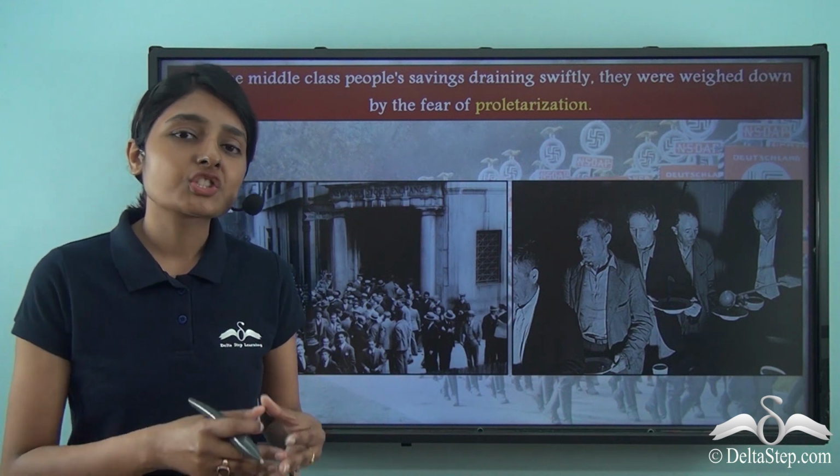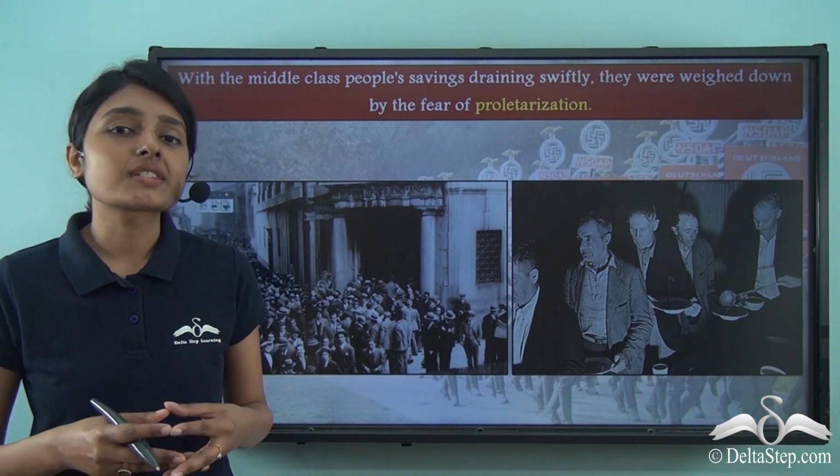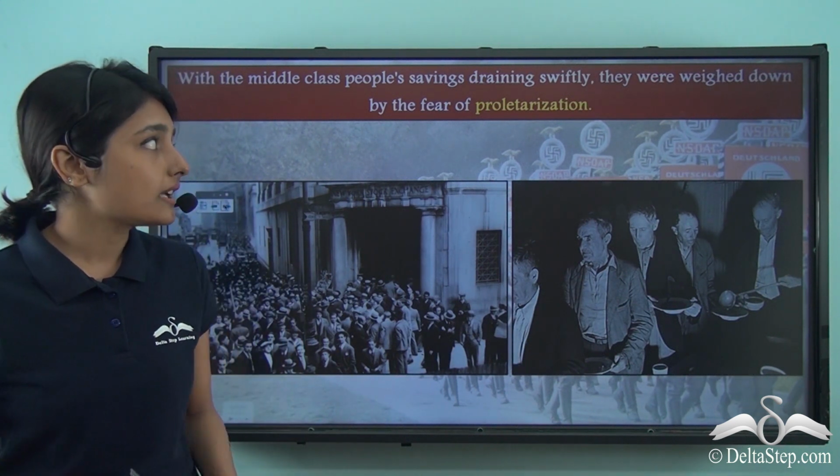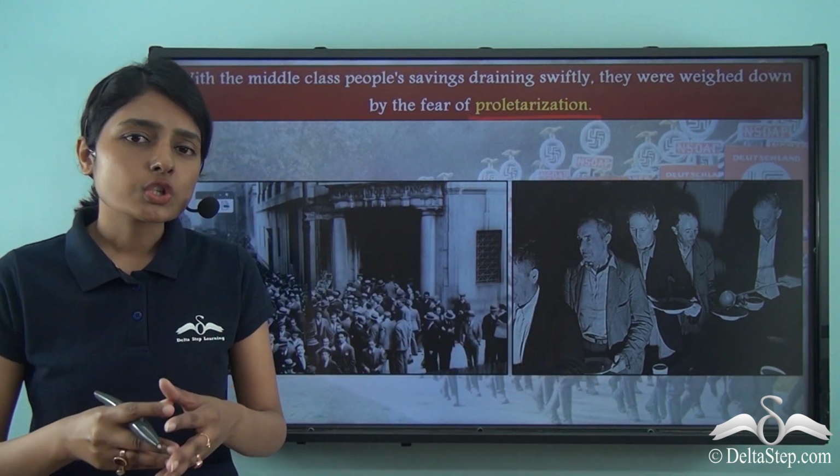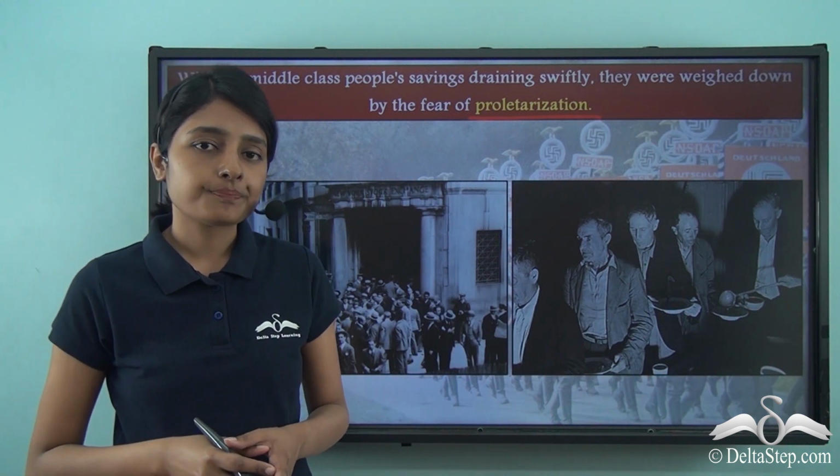Now certain rich and middle class sections of the society were now crippled by the fear of proletarization. But what was this fear of proletarization?